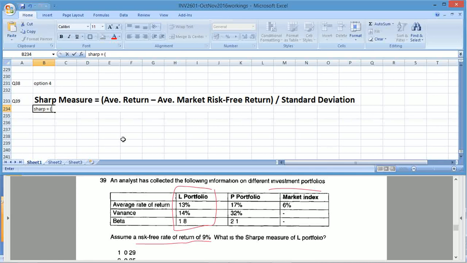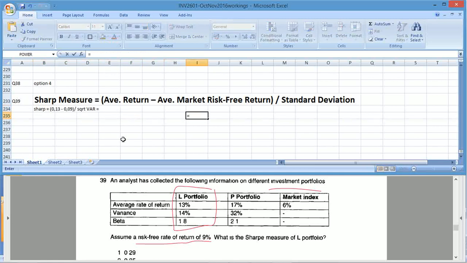Okay, what's the average return here? Average rate of return is 13%. Okay, minus the market risk-free rate, which is 0.9%. Okay, close bracket, divide that by the standard deviation, which they didn't give you, they gave you the variance. So then the square root of the variance is going to give you the right answer.